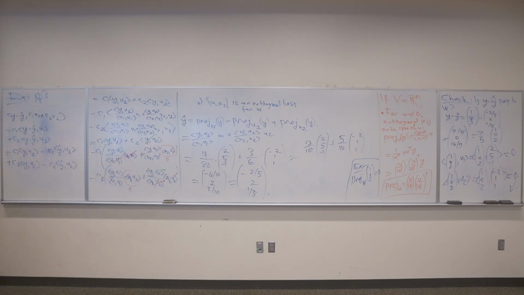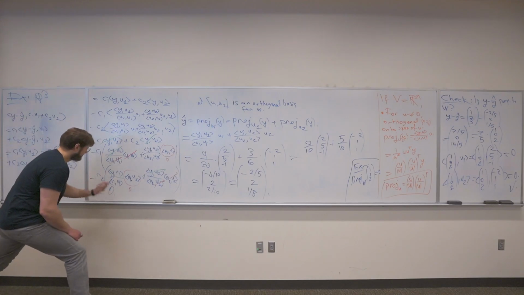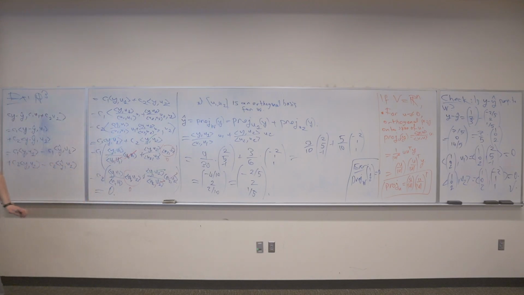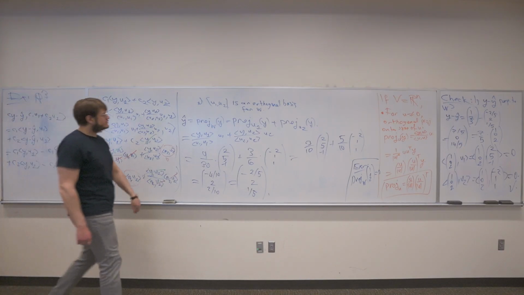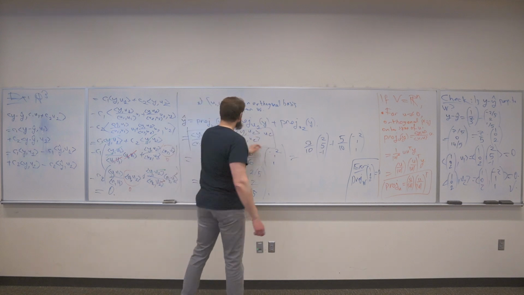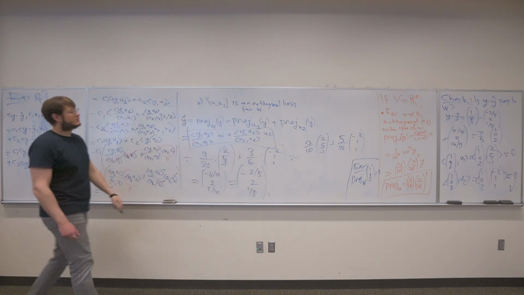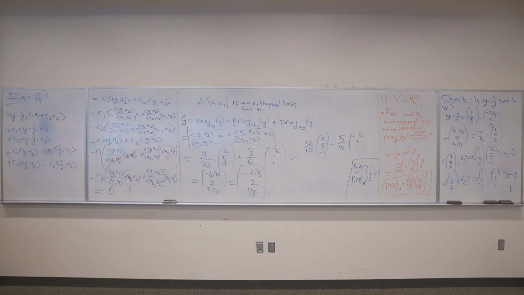So you get 0. So purely for algebraic reasons, you start with this formula, that's the formula for orthogonal projection, subtract it from y, and whatever you're left with is always going to be automatically perpendicular to the subspace you're projecting onto.